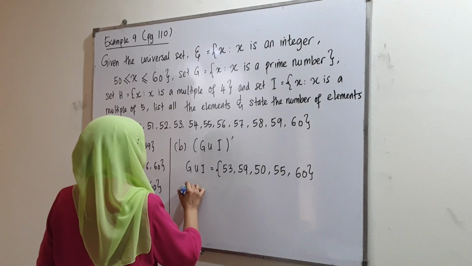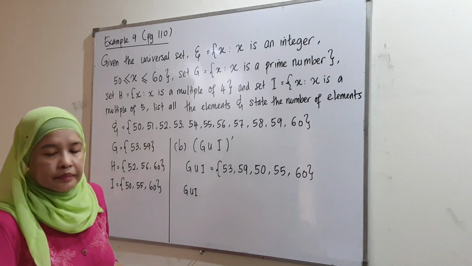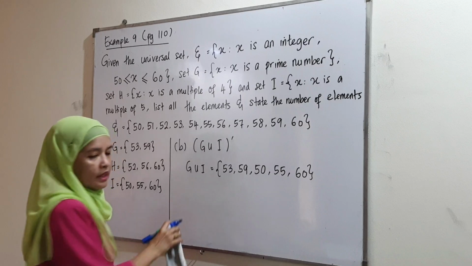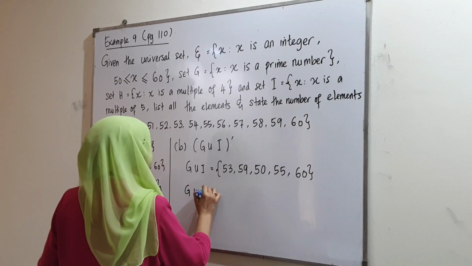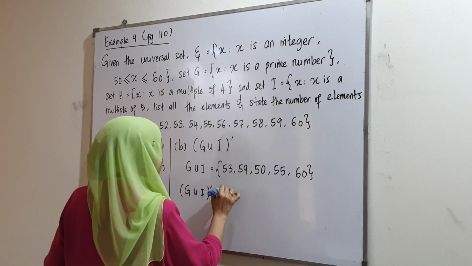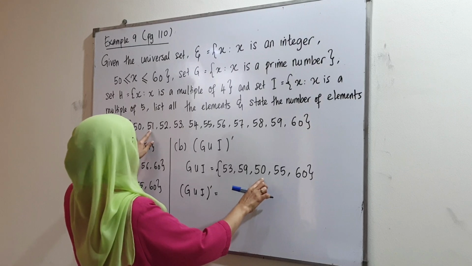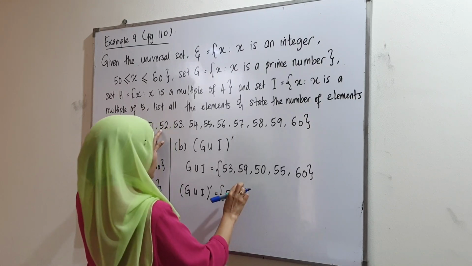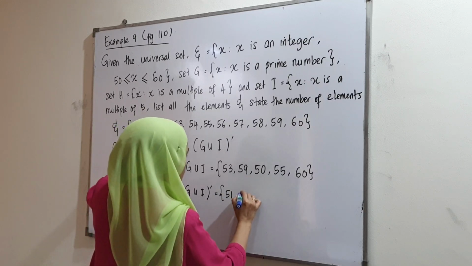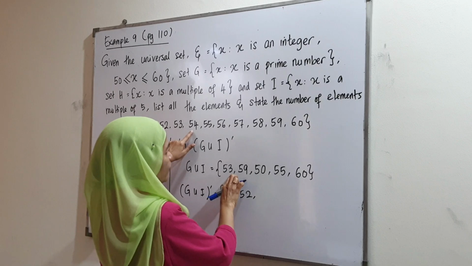Now we list the (G union I) complement. 50? No. 51? Yes. 52? Yes. 53? No. 54?